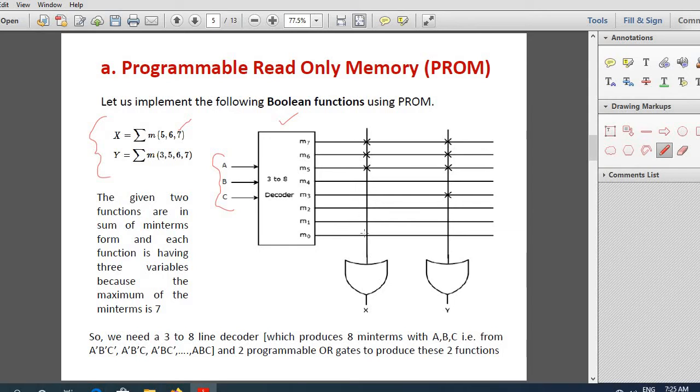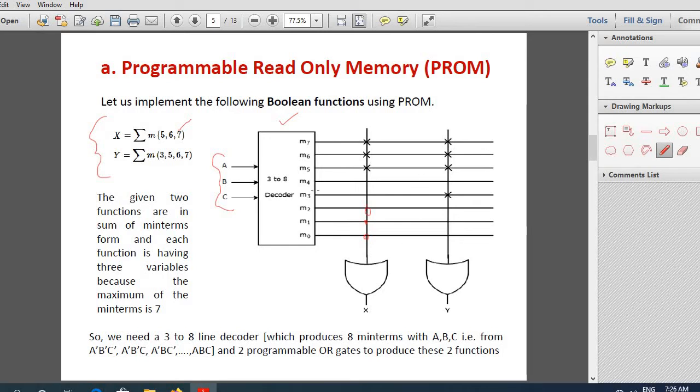That is, there is a connection between M0, that is A complement, B complement, C complement, and this OR gate. Again, there is a connection here, there is a connection here. These all are connections between the product terms and the OR gate. All these, and here also to this OR gate. So these connections you can either keep as such or you can blow them away.